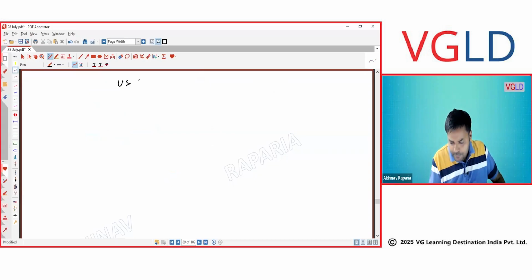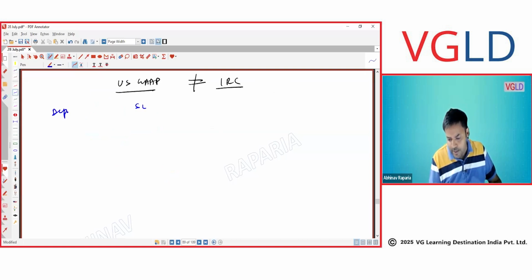US GAAP and IRC will have some differences. It is possible, for example, with depreciation. In US GAAP, you follow SLM. In IRC, you follow an accelerated depreciation method. It is possible. Is it possible that I follow FIFO here and weighted average there?